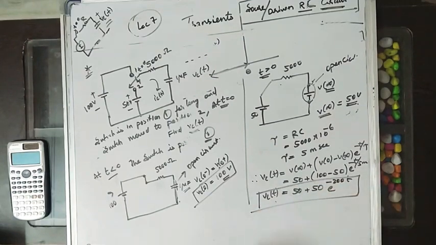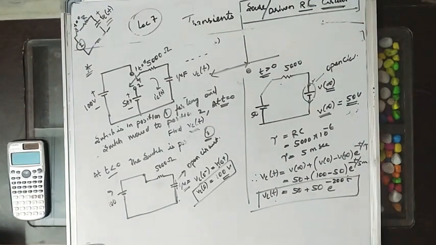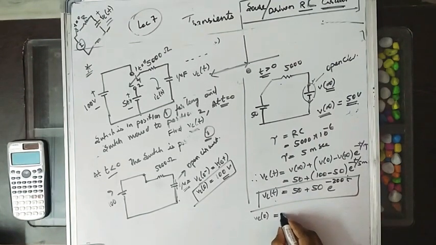If you are willing to draw the curve here, for Vc of 0, substitute t equal to 0. 50 e power minus 0 means 1, so this becomes 100.